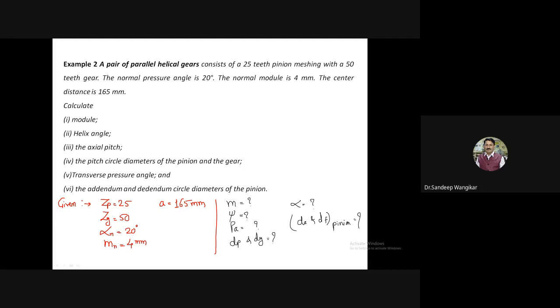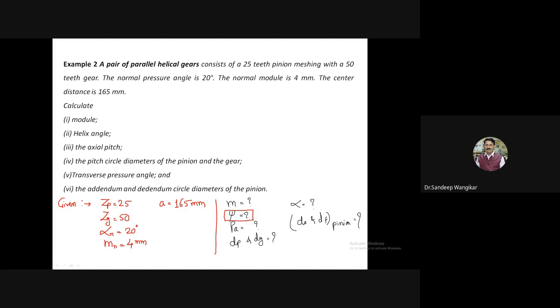Okay. So very first, we can calculate all these things. We have all the formulas, but in every formula you require psi. So your first attack should be how to calculate psi. Then and only then can you proceed further. If you can calculate this helix angle, then definitely you can calculate all the remaining things.